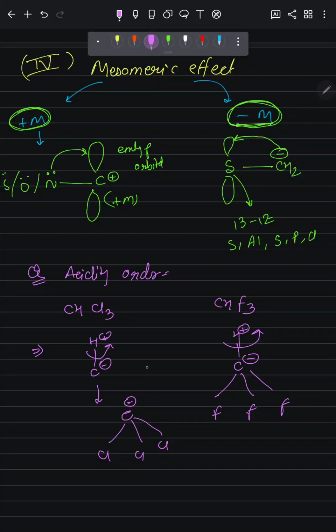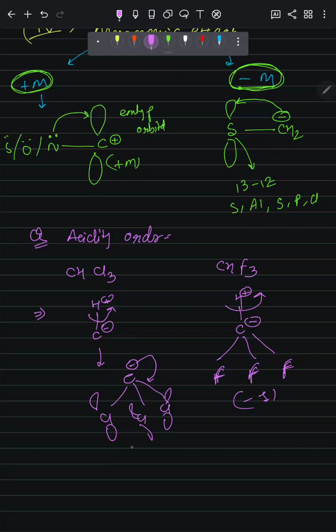So this carbon gets a negative charge, and we know that chlorine has an empty d orbital. So mesomeric effect can be possible here. Mesomeric effect cannot be possible in the fluorine molecule. So it will only take electron density from the minus I effect, as it is the dominant effect.